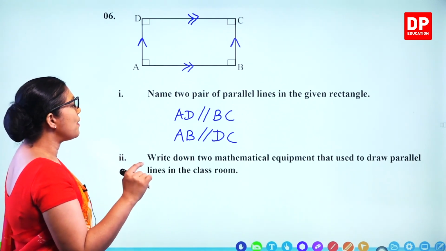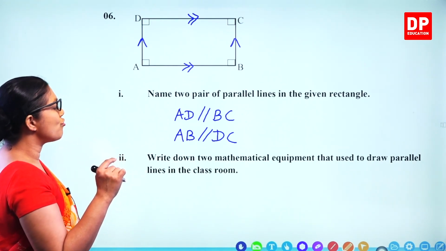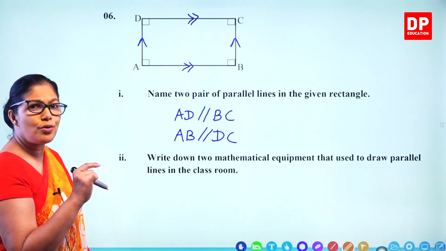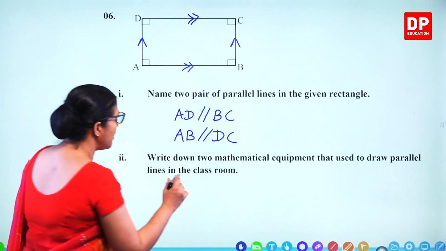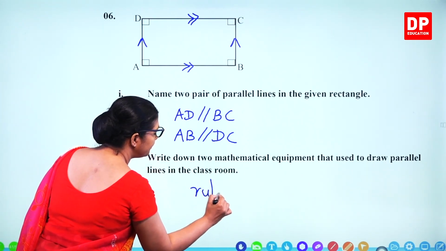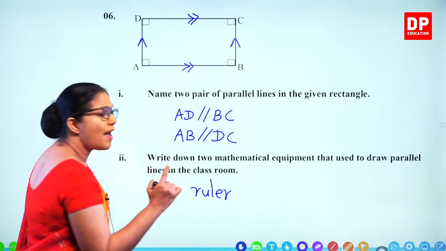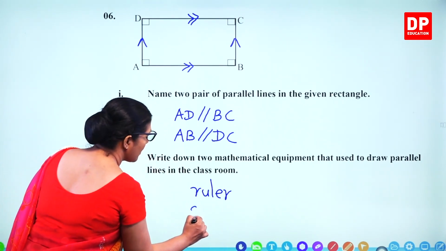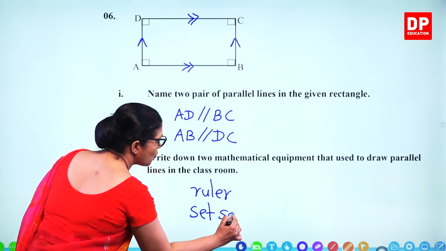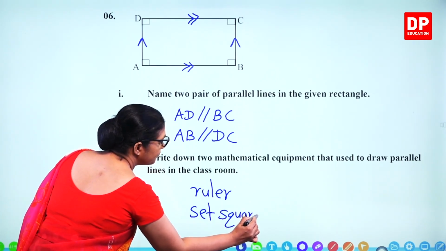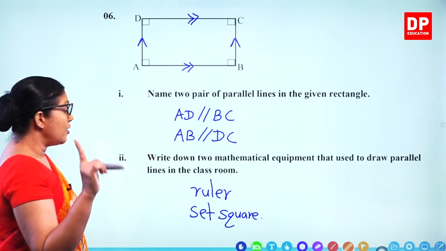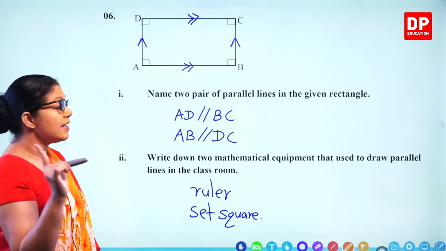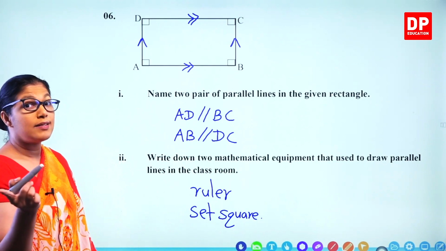Write down two mathematical equipment that are used to draw parallel lines in the classroom. We can use the ruler or straight edge and the set square. We use the compass later, in grade 9, 10 onwards.